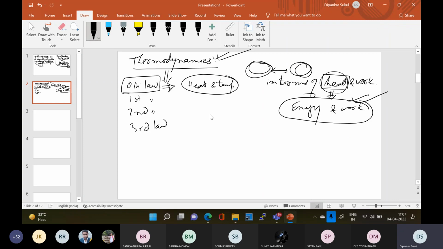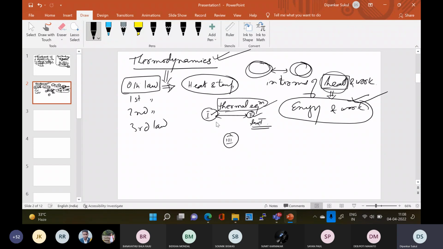It tells that suppose this is body 1, this is body 2, this is body 3. Three different bodies are there. If body 1 and body 2 are under thermal equilibrium, what does thermal equilibrium mean? That means body 1 and body 2 have the same temperature. That is called thermal equilibrium.